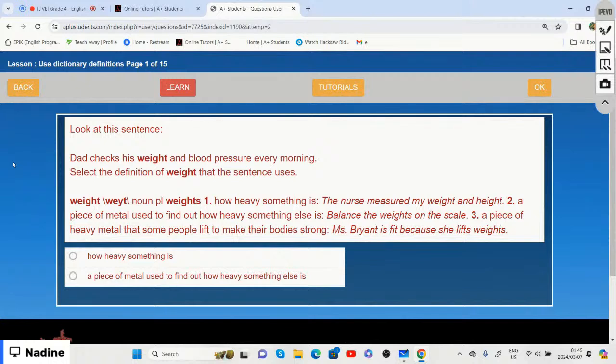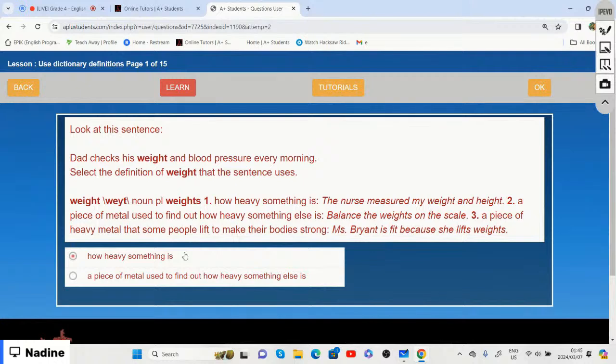Is it how heavy something is, or a piece of metal that is used to find how heavy something is?